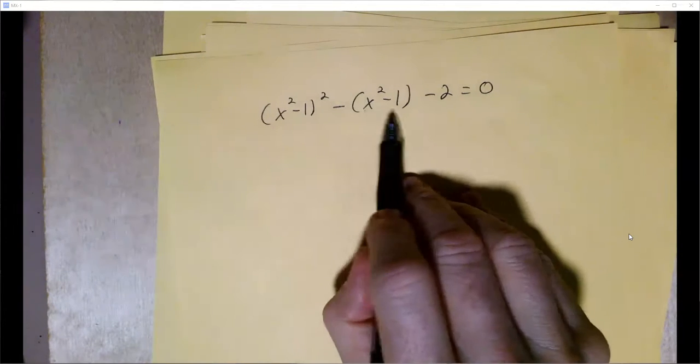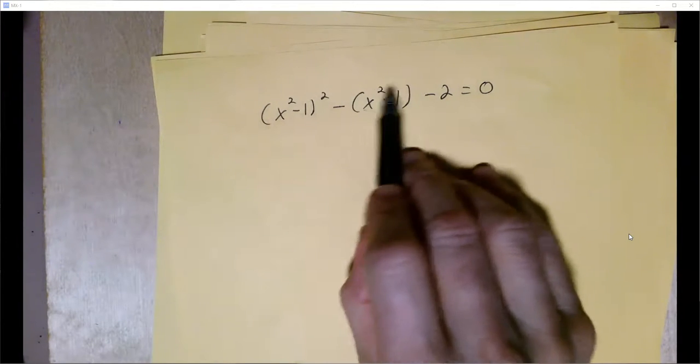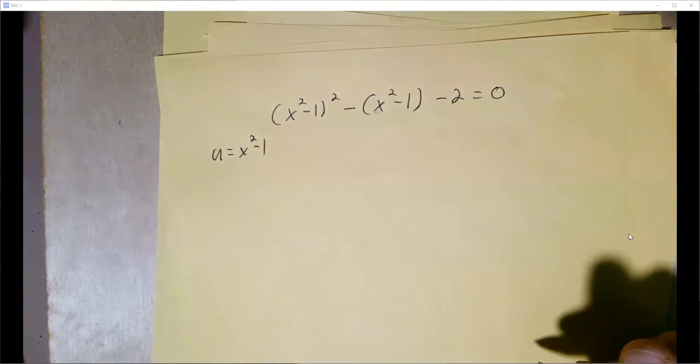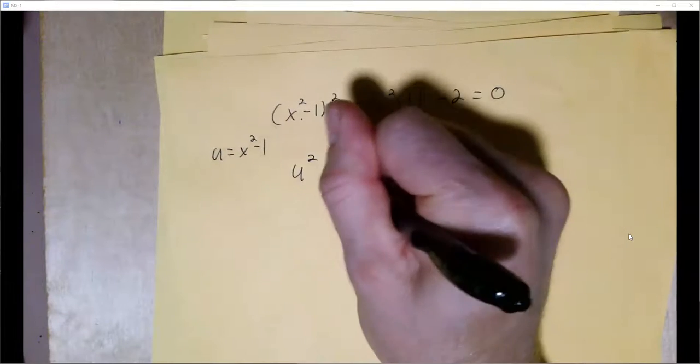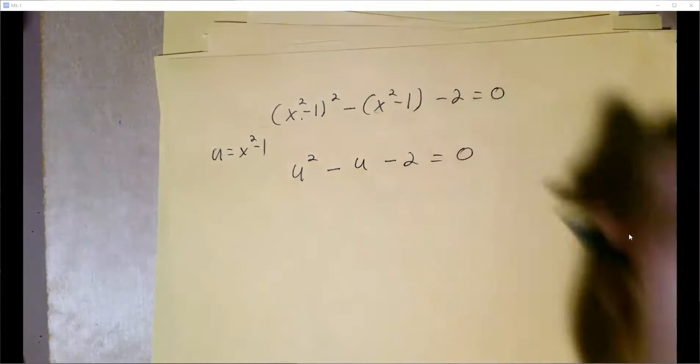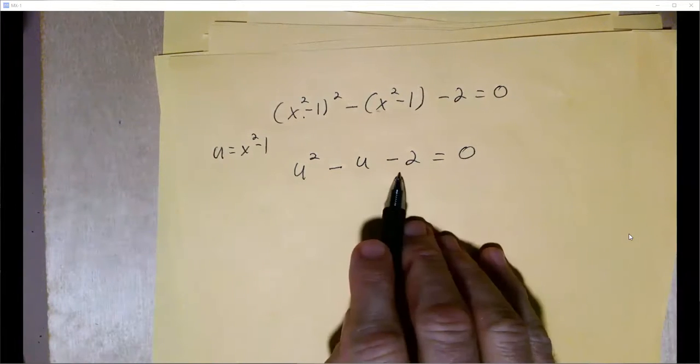Okay, in this case, this is my middle variable term. If I square that, it would be sitting right there. So I'm going to set u equal to x squared minus 1. So then I would have u squared minus u minus 2 equals 0. Have my quadratic.